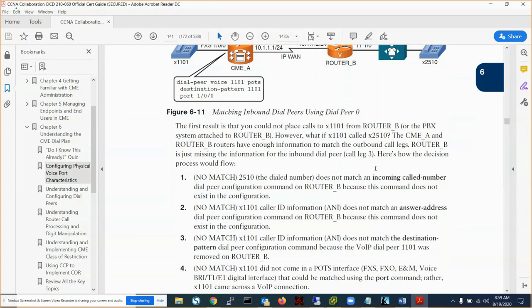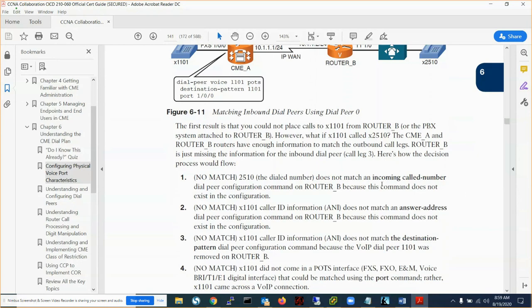The CME and router B have enough information to match outbound call legs. Router B is just missing the information for the inbound dial pair. Here's how the decision process will flow.